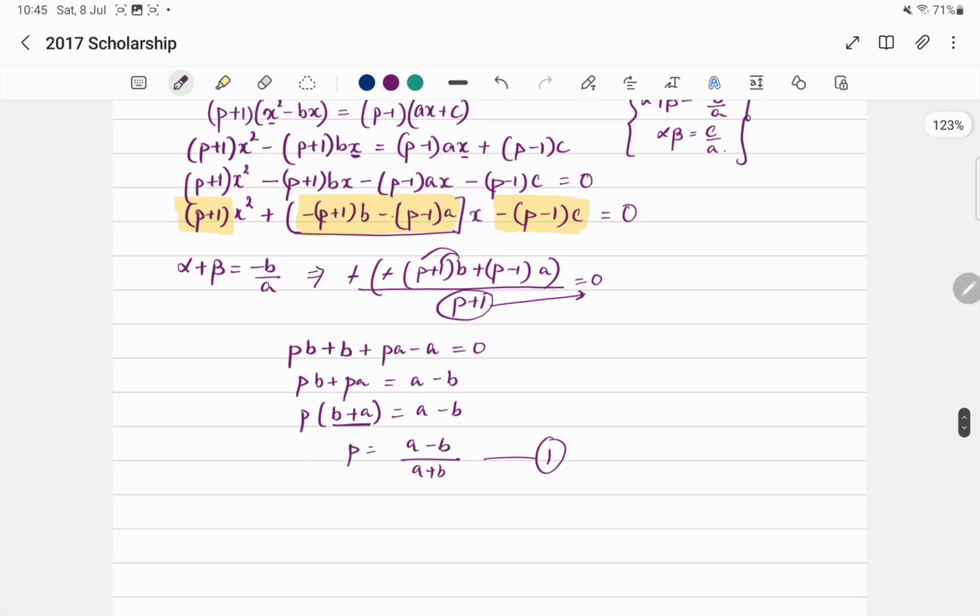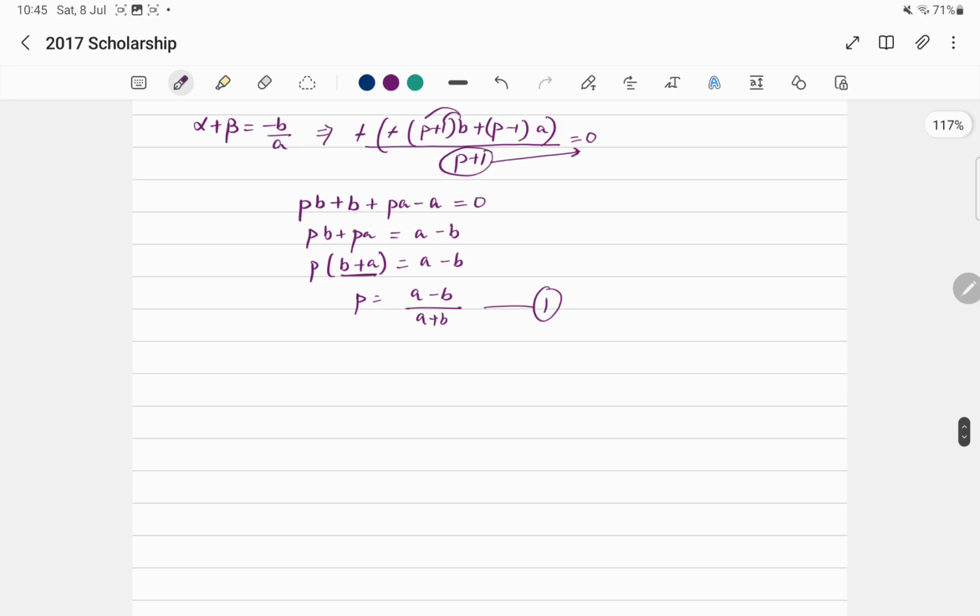All right. In the next one, now alpha multiplied by beta, because now they are of opposite signs, this is C over A. Because alpha and beta are of opposite signs, this value is negative, right?